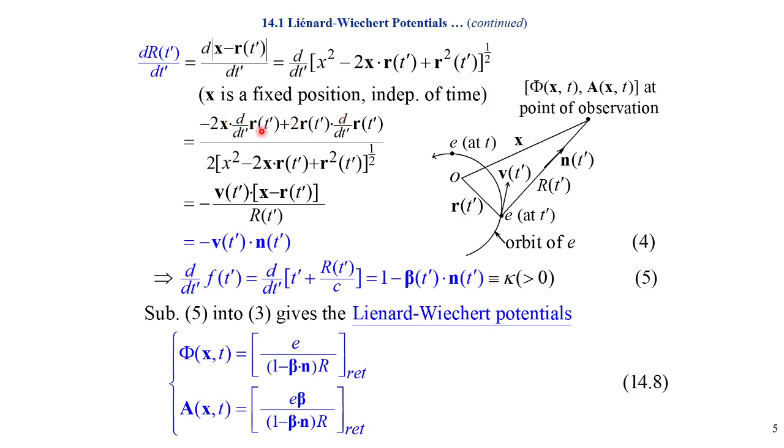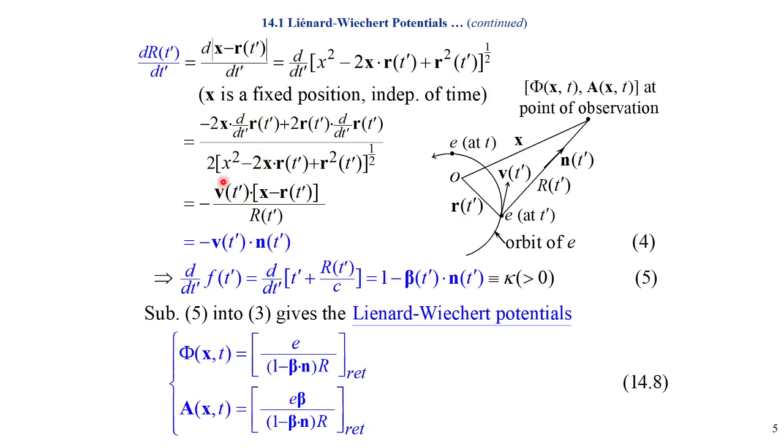Okay, and the 2s cancel. So eventually we have a minus sign here, and this is r, and what else? The r time derivative gives us the velocity.